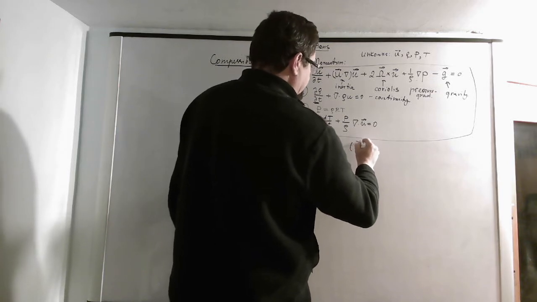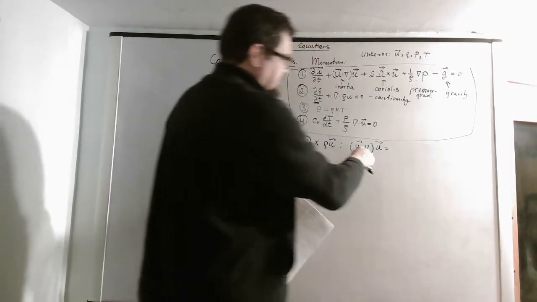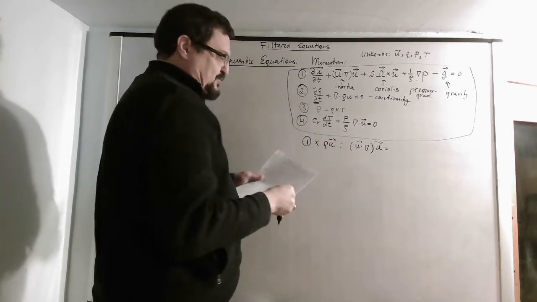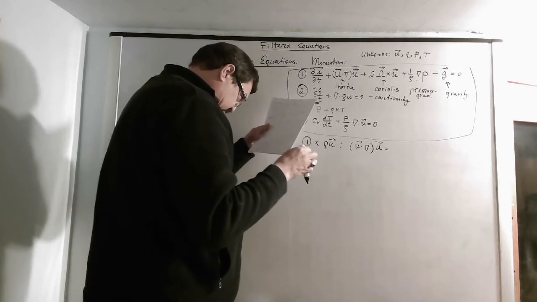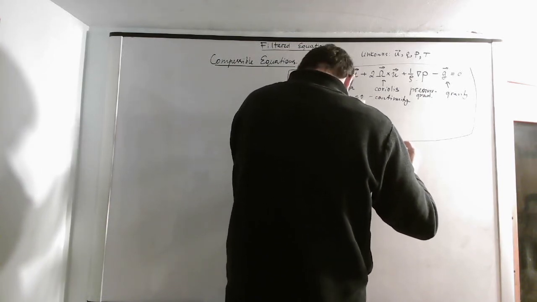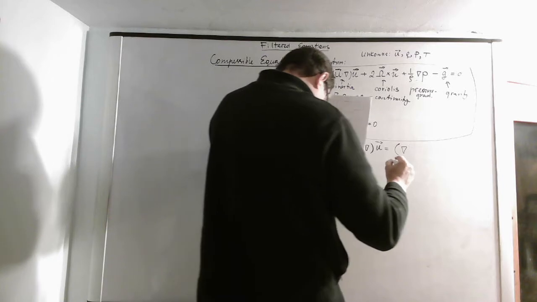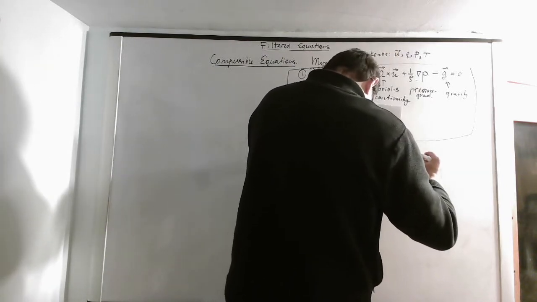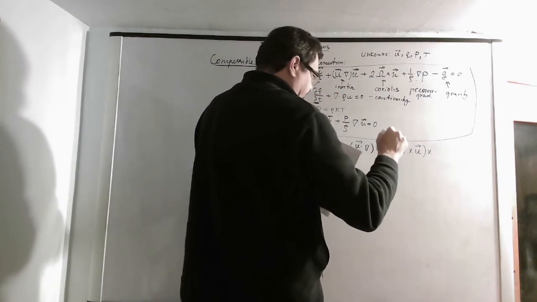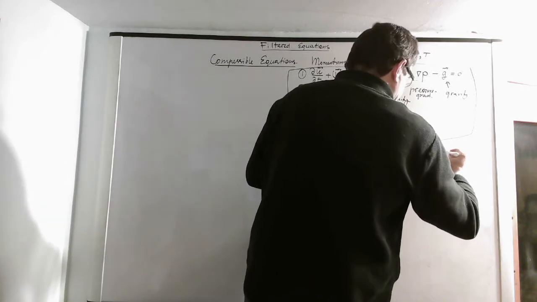In this vector invariant form, you can replace this pesky term, which is difficult when you multiply by rho u, with this: the vector product of vorticity and velocity, plus the gradient of kinetic energy.